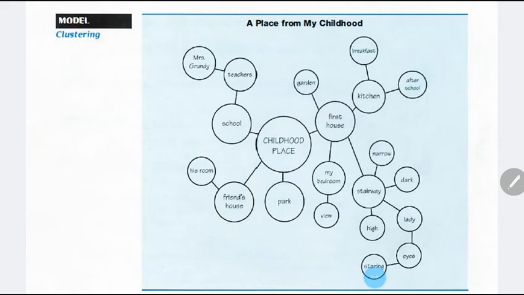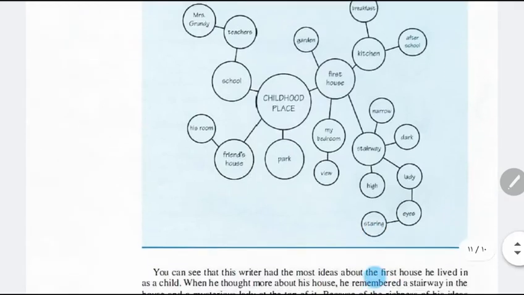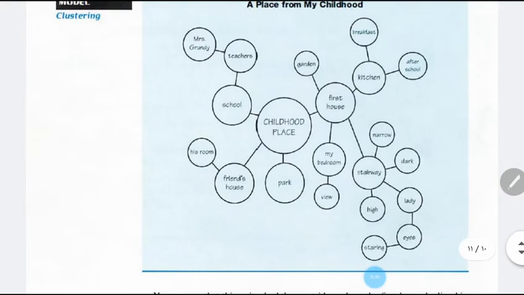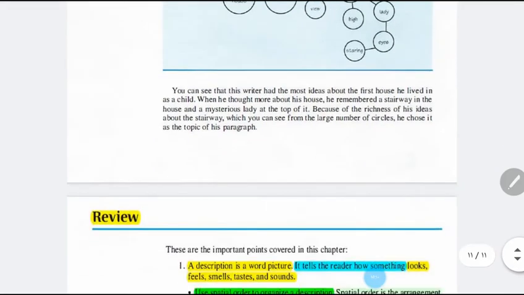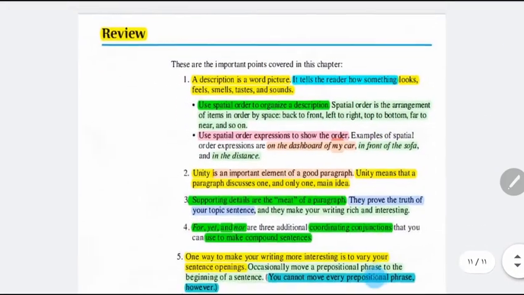When you start writing, you can arrange all these circles in a paragraph, starting with the biggest one, which is the topic sentence or the title, and then you move to the supporting sentences, to the examples, to the details, to write one paragraph. And here the review.